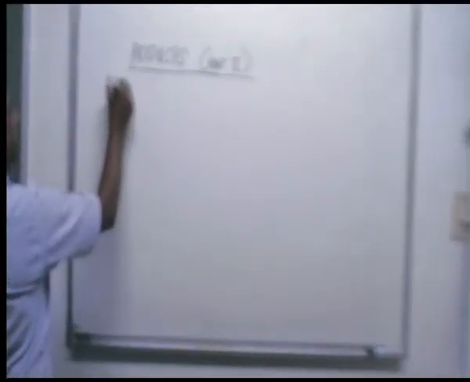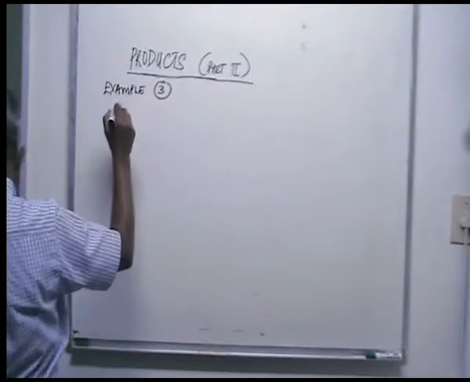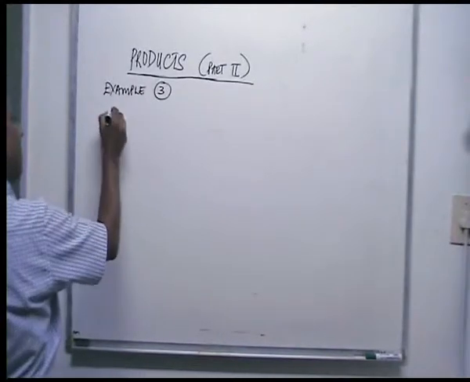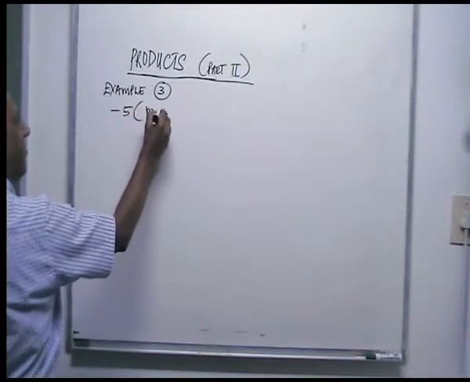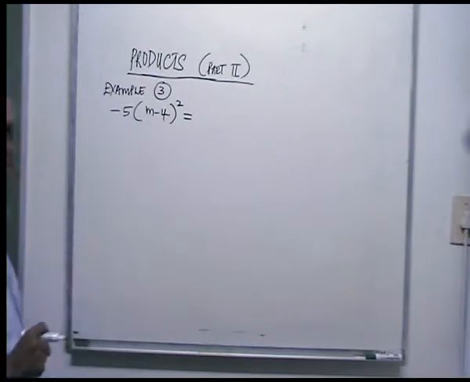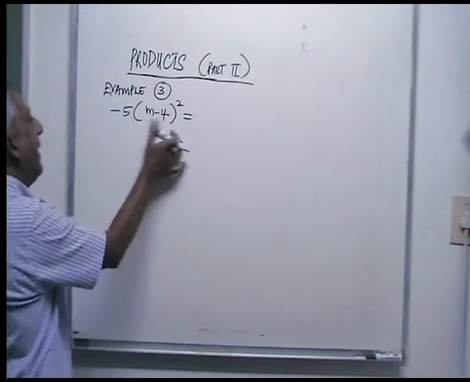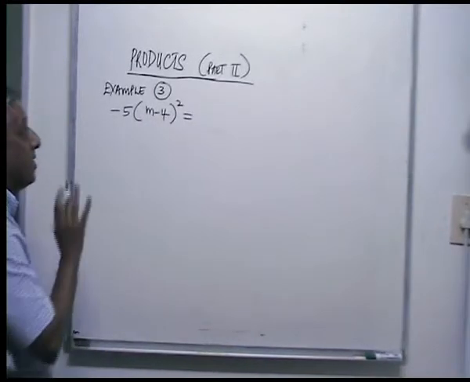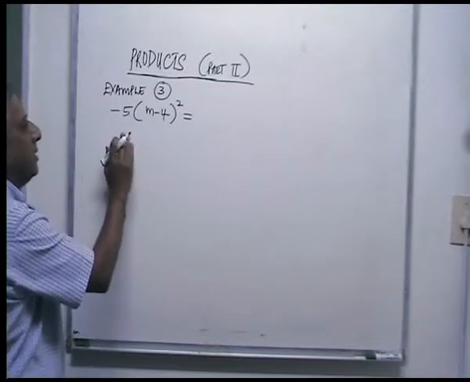Let's look at example 3. In example 3 we're saying minus 5 into m minus 4 all squared. So we've gone one step further now on binomial squared. See, we've got a binomial squared here and we're multiplying it by minus 5. So let's understand this first. What is this saying?